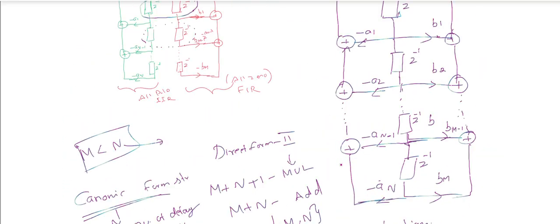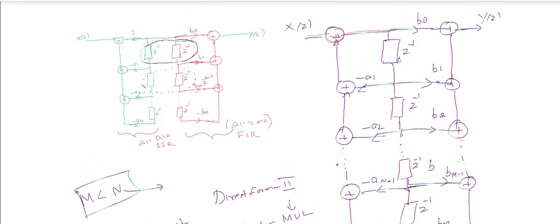For a given rational function, the numerator and denominator polynomial coefficients can be represented in terms of a and b coefficients with the direct form 2 structure. You can draw the direct form 2 structure, in which the number of delay elements is reduced. Remember that a1, a2, an are feedback coefficients, and b0, b1, b2, bm are the feed forward coefficients.